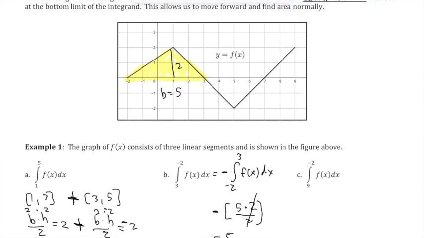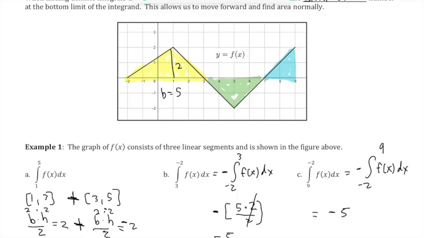And then part C, again, we have the same thing where we need to switch the integral. And now, if we're going from negative 2 to 9, we also have this additional area here in green and the one in blue. So to save some work, I already know that I have negative 5.